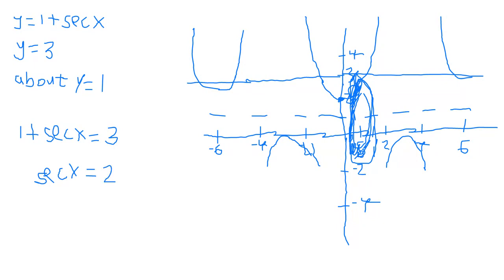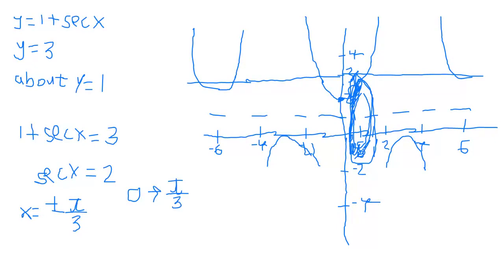So from here we get that x is equal to plus or minus pi over 3. And from our graph we can see it's symmetric, so we could say that our bound is from 0 to pi over 3 for our upper and lower bound.